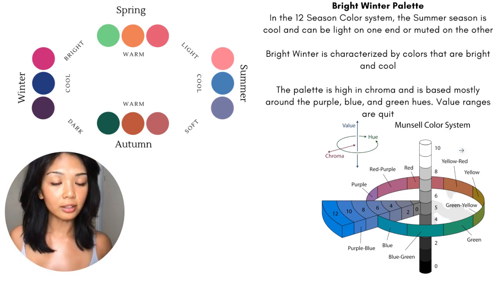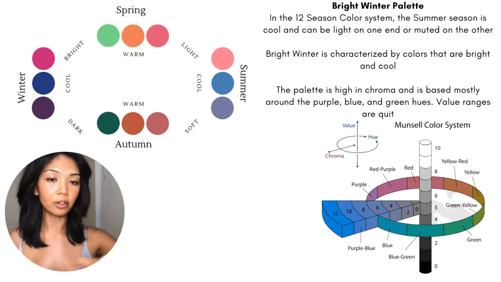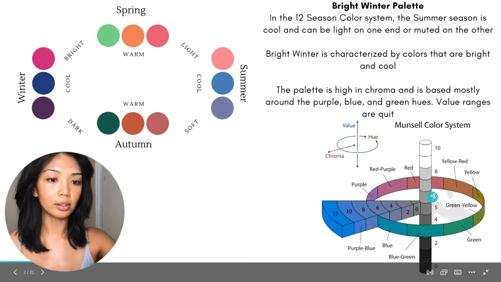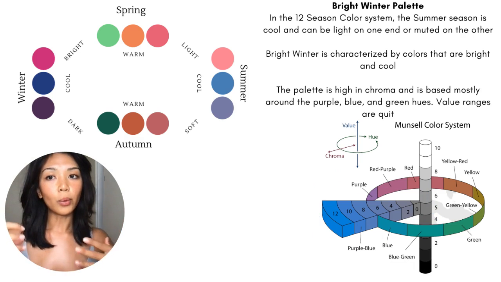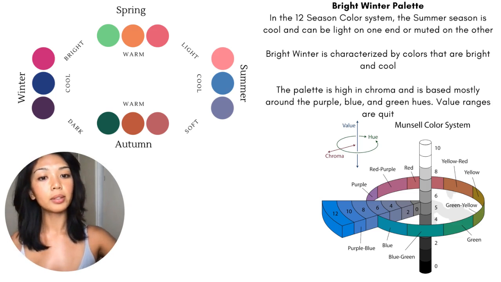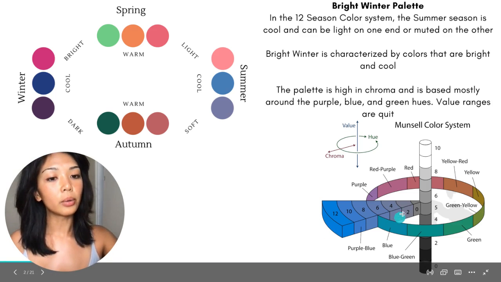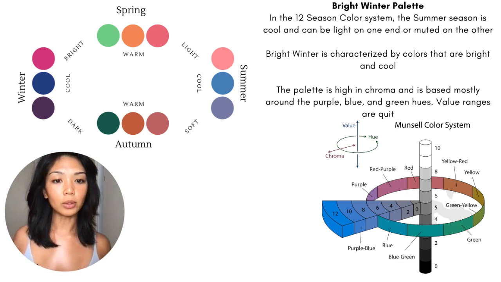The Munsell color system breaks down color into three components, the first being chroma, so this little pie chart with numbers here. The higher numbers, higher chroma, those are more saturated, more intense, more pure in color. Oppositely, lower numbers, lower chroma, those colors are more hazy, grayed out, and muted.